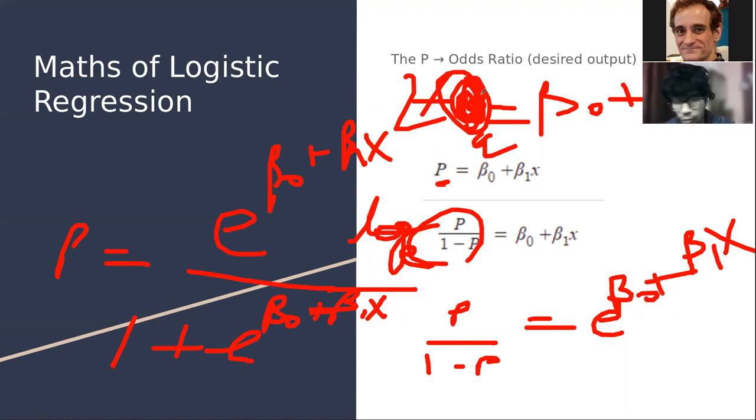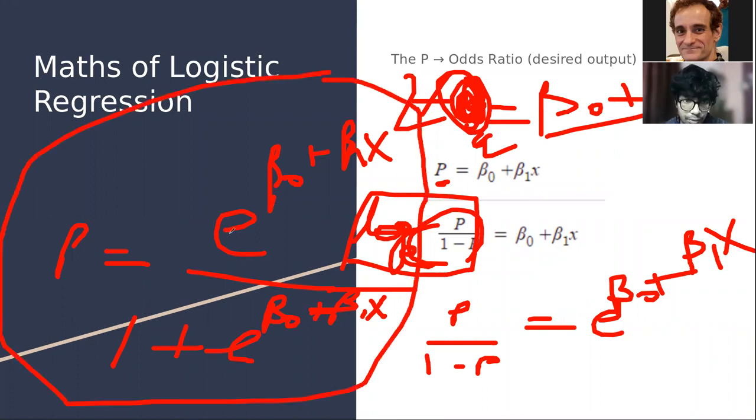What is log, what is odds ratio? Just ignore it for a while, but just remember the word: it is the logarithm of the odds ratio. Whatever it is, the logarithm of the odds ratio is log of p by 1 minus p, and it equals our good old friend from linear regression. And thereby we get to the formula of logistic regression.